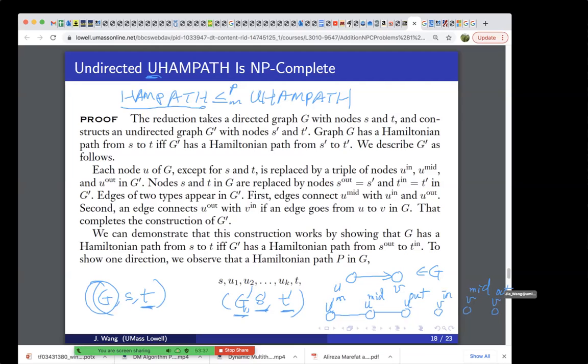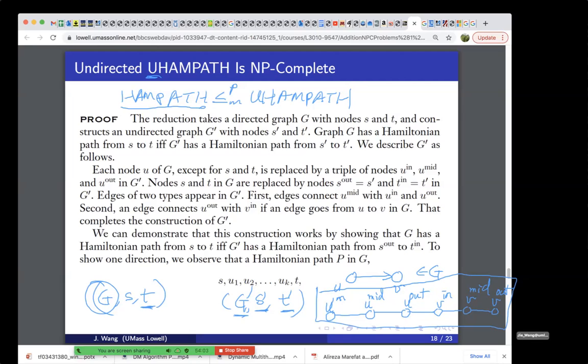So what I'm going to connect is that I connect U out to V in. And again, V in connects to V mid, and V mid connects to V out. So for each directed edge U to V, I'm going to use this undirected graph to represent that edge.